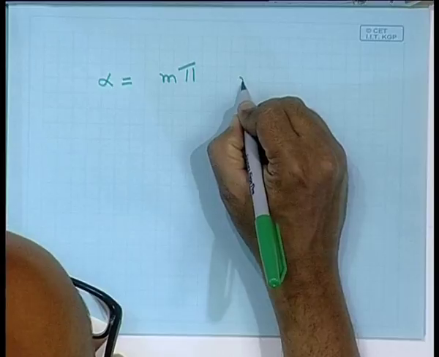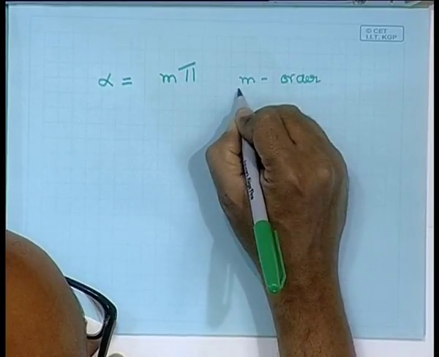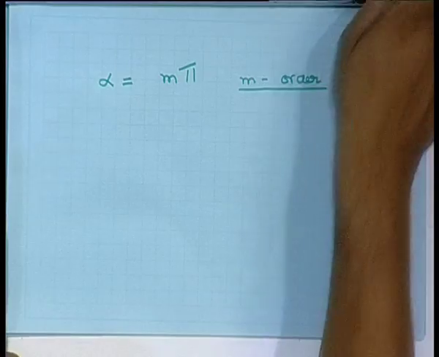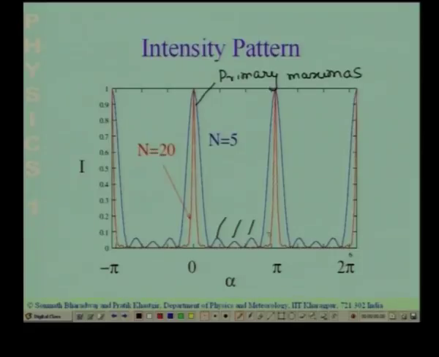So, we are looking at the mth order primary maxima. Alpha equal to 0 is the 0th order maxima, alpha equal to pi is the first order maxima, alpha equal to 2 pi is the second order maxima. In this picture, this is the 0th order maxima, first order maxima, second order primary maxima.